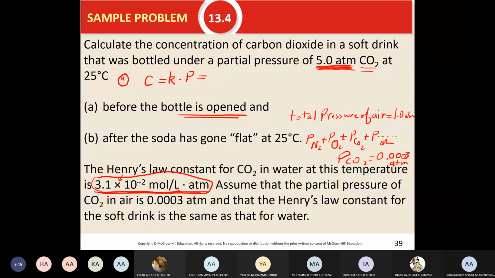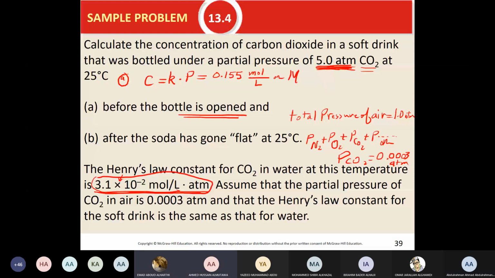That's it. Give me an answer. 0.155. What's the unit? Molarity, mole per liter, or capital M is acceptable.